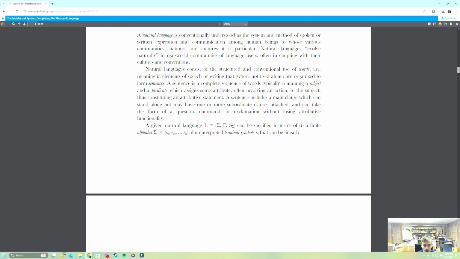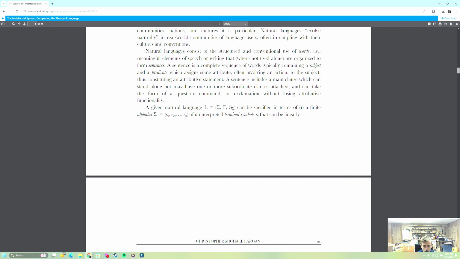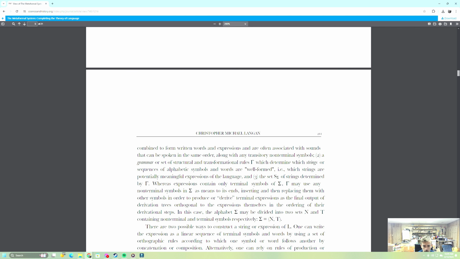A finite alphabet Σ, which contains a collection or a set of symbols, demarcated by s1, s2, and so on to sn, of uninterpreted terminal symbols si, that can be linearly combined to form written words and expressions, and are often associated with sounds that can be spoken in the same order, along with any transitory non-terminal symbols.